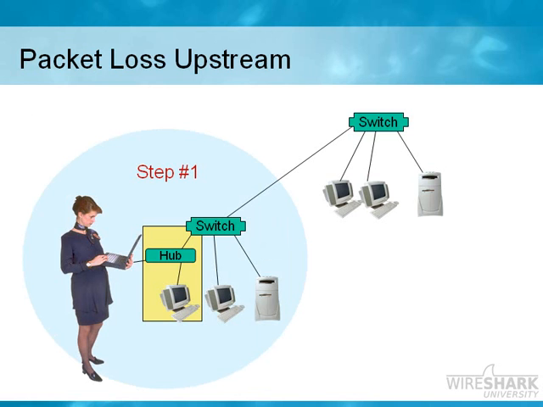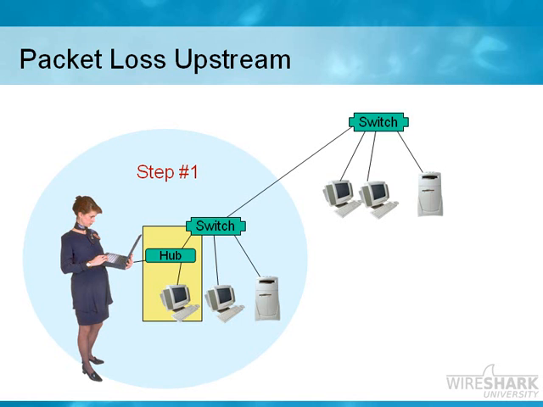Now let's say I've hubbed out at the client and I'm looking at the traffic, and the client is trying to download some file, let's say, from the server that's hanging off of the other switch, the switch in the upper right-hand corner. And when we look at this traffic, we're seeing packet loss all the way through the data transmission. So the client asks for the file, begins to download, and then all of a sudden we see that we've got packets missing out of the sequence.